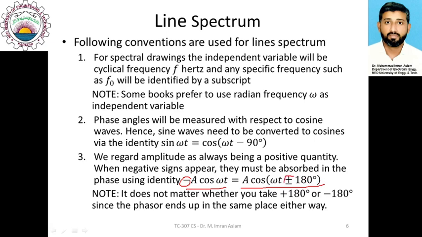It does not make any difference whether you are taking plus 180 degrees or minus 180 degrees, because we already know that both of them would result in a phase reversal. So both are equivalent representations. You can use any of these as per the convenience in the calculation.